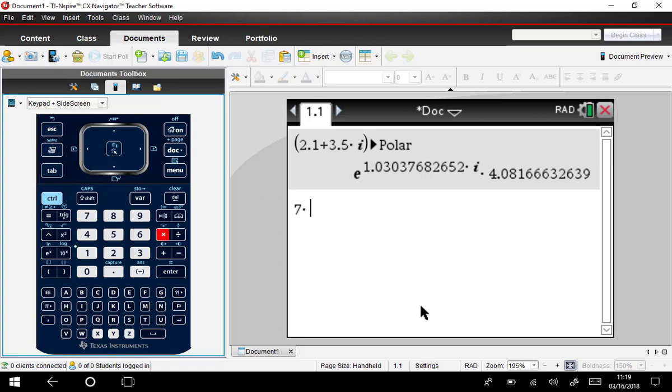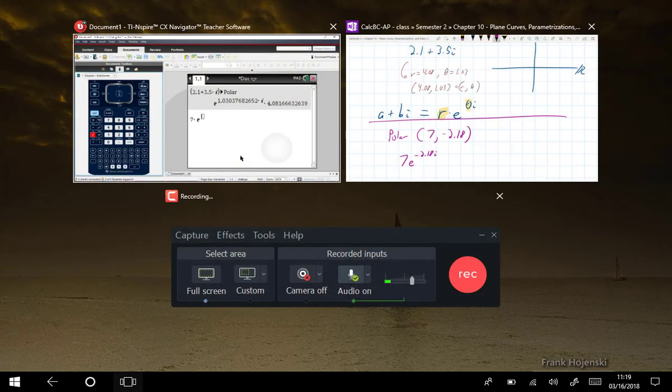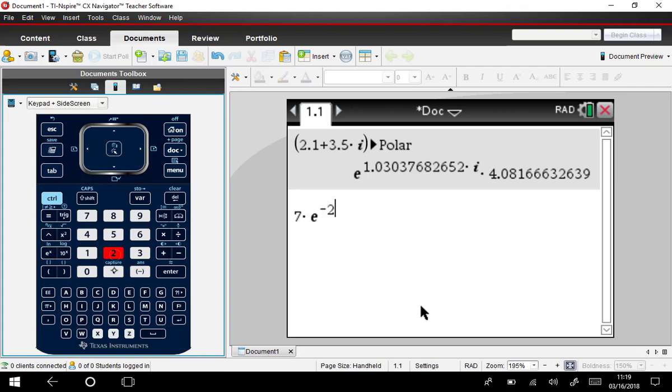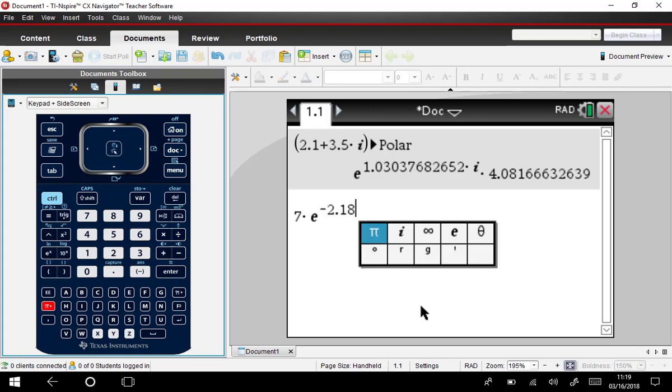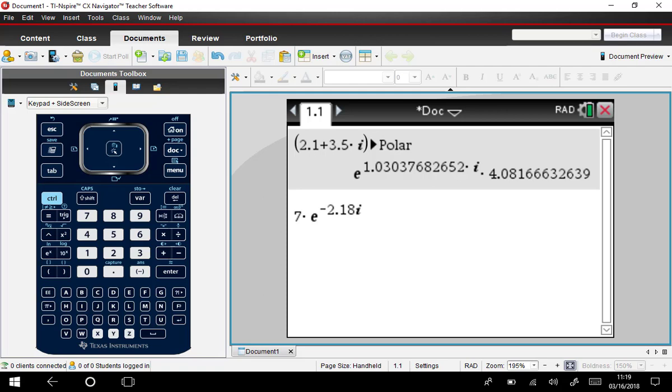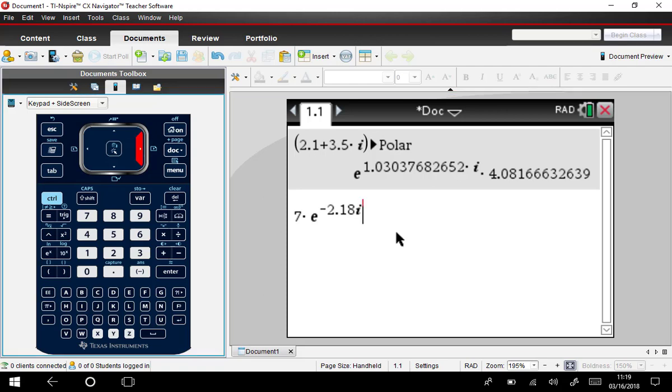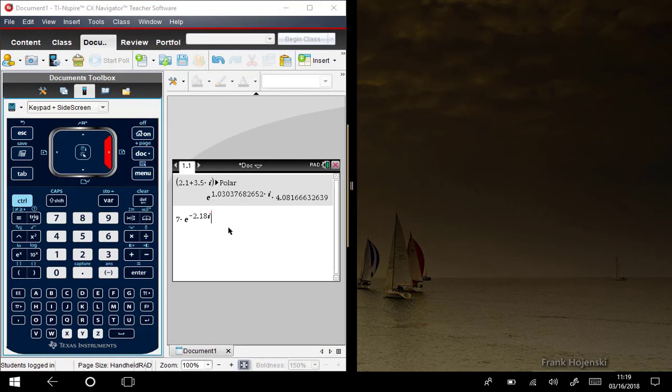7 times e to the negative 2.18. And go to the pi button, hit the i. Now I'm going to move the cursor right so it expands. It's bigger. It's kind of away from that. Now I'm going to go menu. Kidding. Come back.